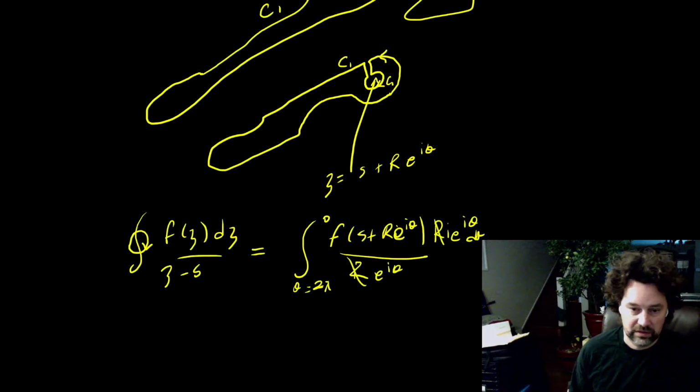Our r's cancel out, our e to the i thetas cancel out, and let's presume that we want to make our r infinitesimally small.